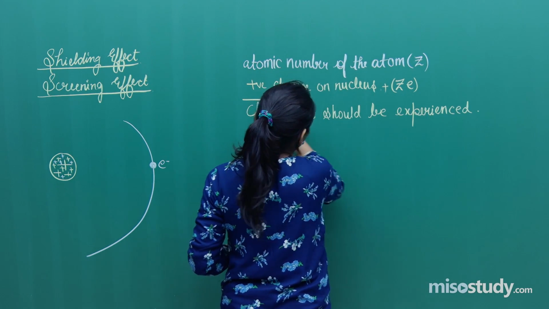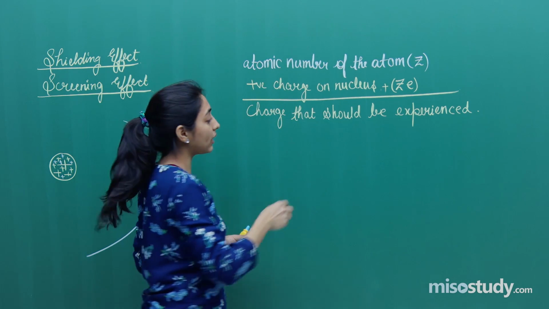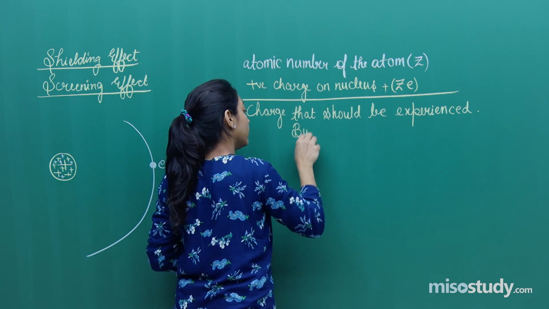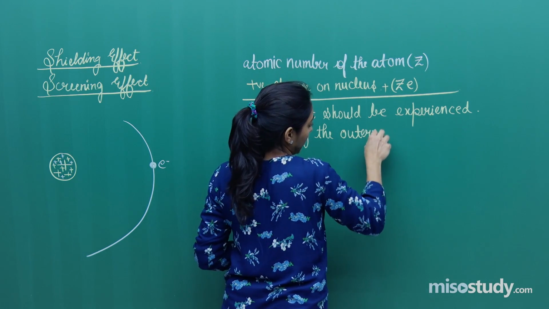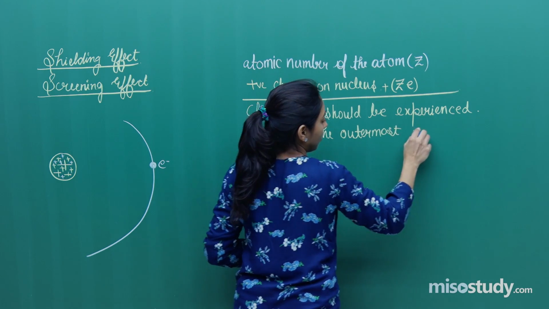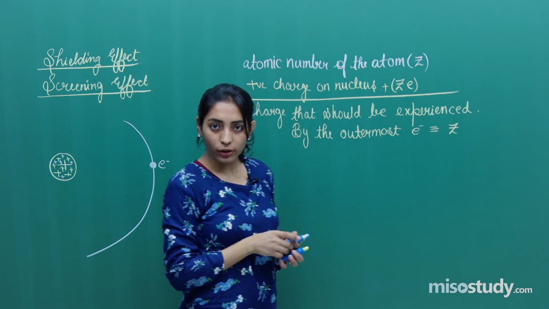So these two we have done. Now we were to find out the charge that should be experienced by the outermost electron. Let us say that charge should be Z, okay?